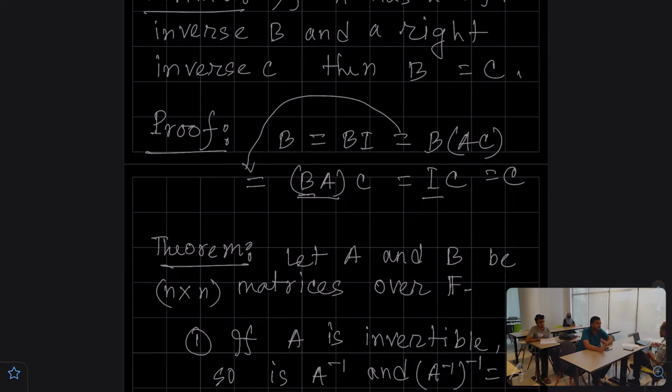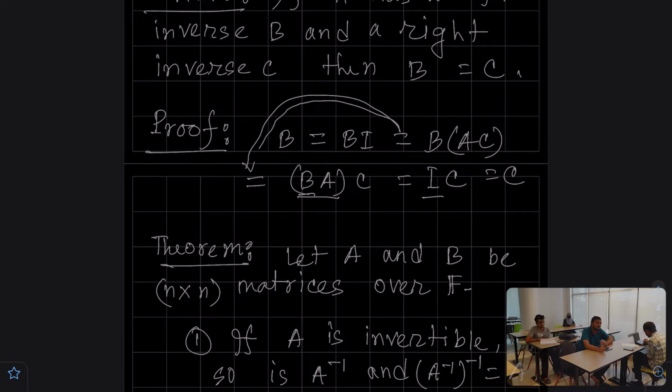When you are considering how I get from this equality to this equality, you have to at least keep in mind that you are using associativity. Otherwise, you cannot form a proper rigorous proof of some theorems.